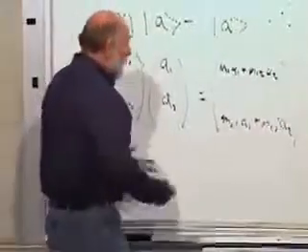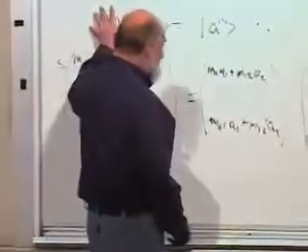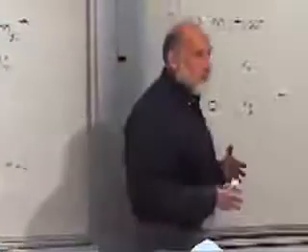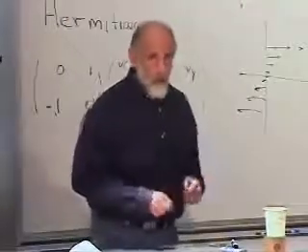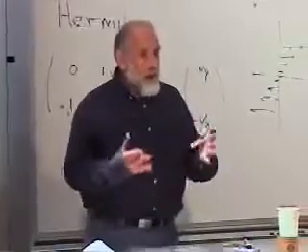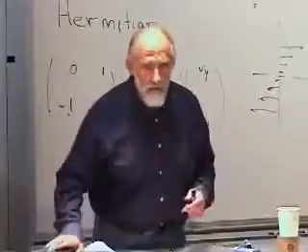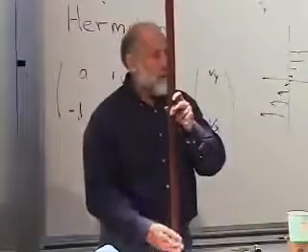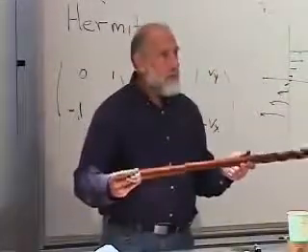Matrices, or more generally linear operators, are the basic quantum concept of the observable, the thing that you can measure. And we're going to then discuss what kind of matrices correspond to the z component, the up-down component of the spin. What kind correspond to the x component of the spin?